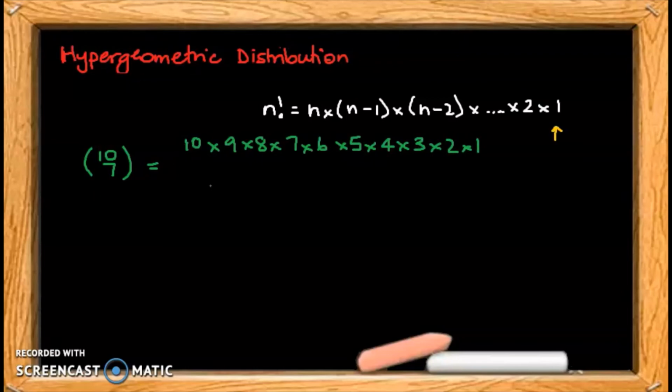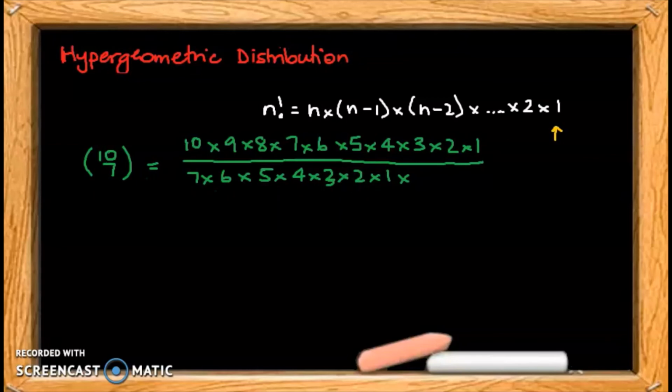And then the denominator is going to be x factorial, so that's 7 times 6 times 5 times 4 times 3 times 2 times 1. And then n minus x, which is 3 factorial. And you can see because I've written the 1's, I have the same number of terms in the numerator and denominator. But now we get to cancel.